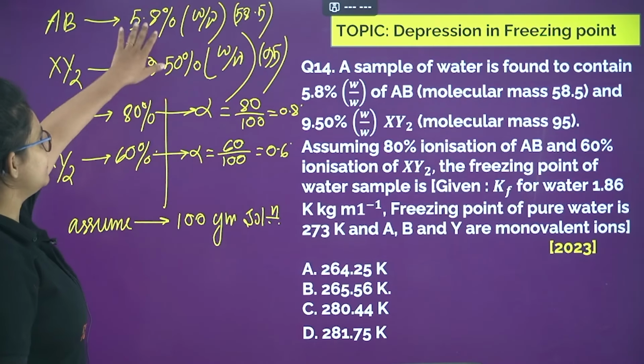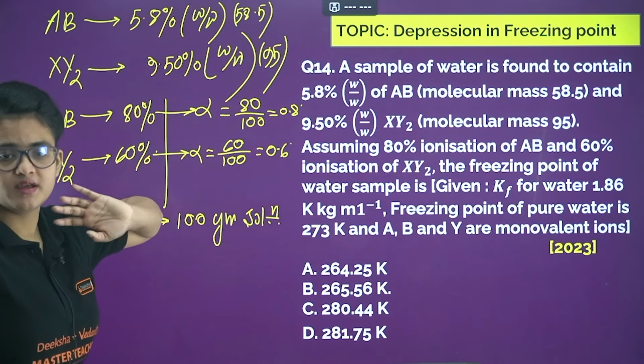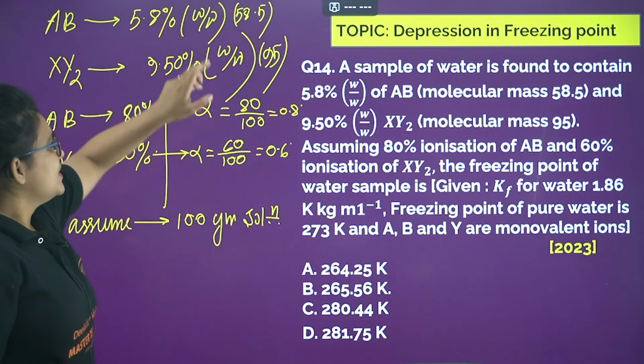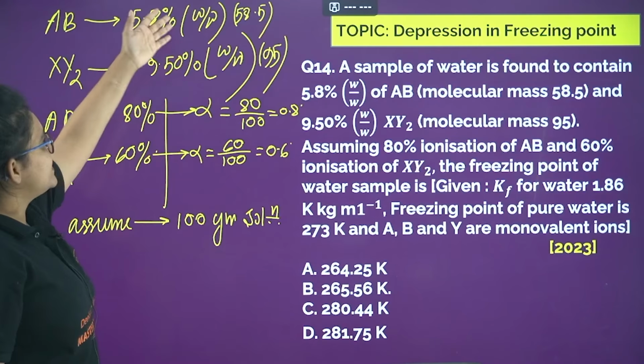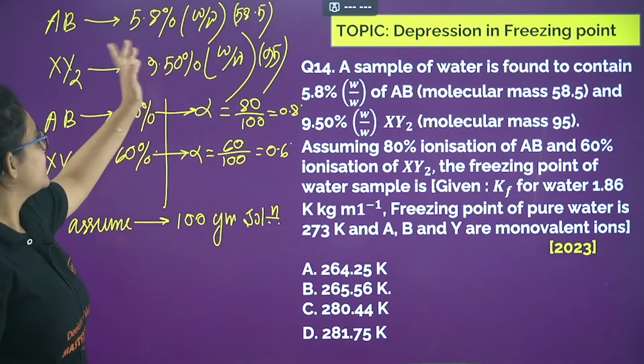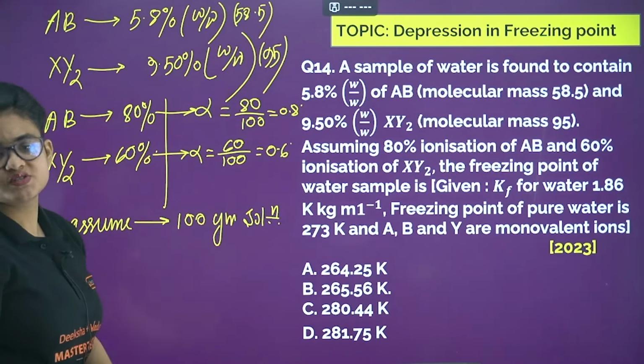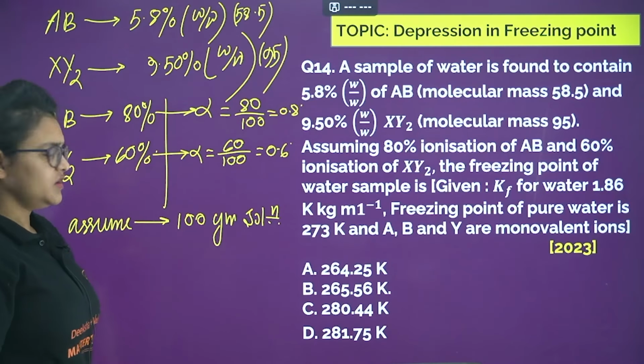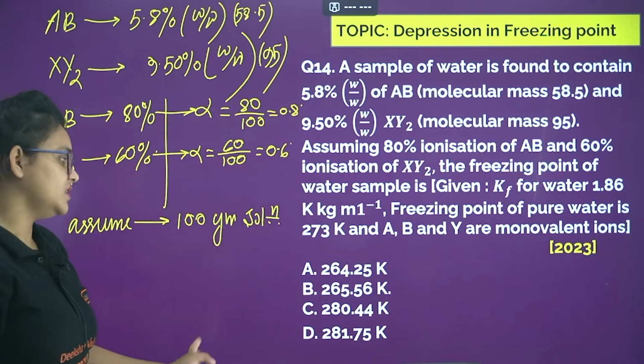Because they are giving with respect to 100 only, weight by weight, right? Weight by weight means what? 5.8 gram of AB present in 100 gram of solution. Here also 9.5 gram of XY2 present in 100 gram of solution. So solution amount we can simply consider as 100 gram.